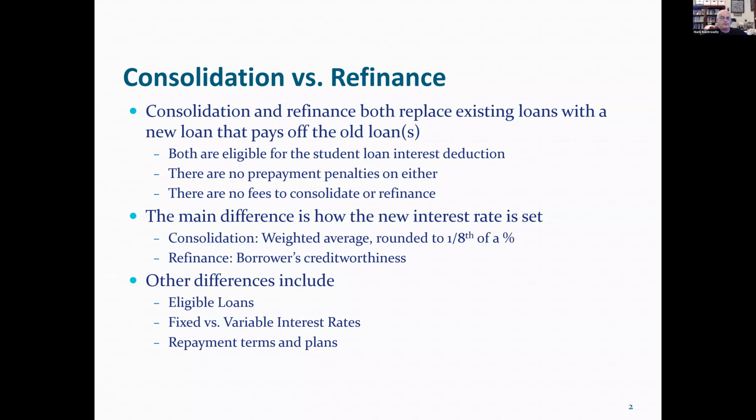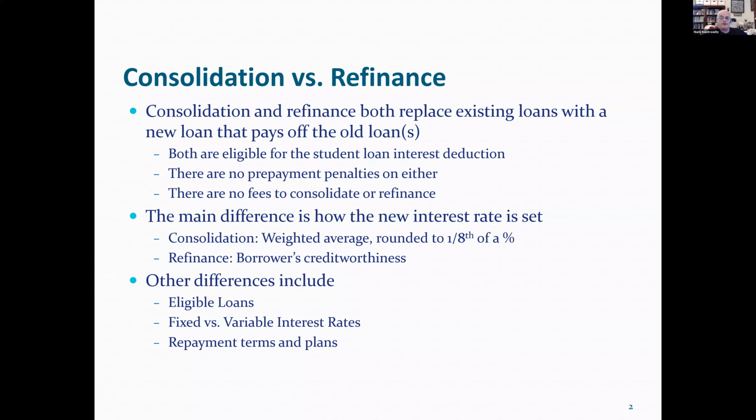We already discussed how the interest rate is the primary difference, but there are other differences among the loans. What loans are eligible? On a federal consolidation loan, you can only include federal loans. You cannot include private student loans in a federal consolidation loan.